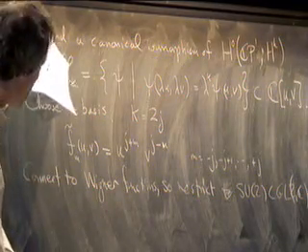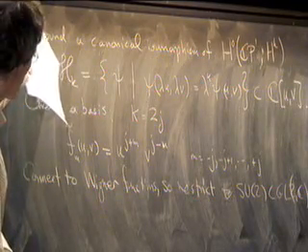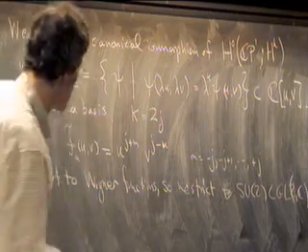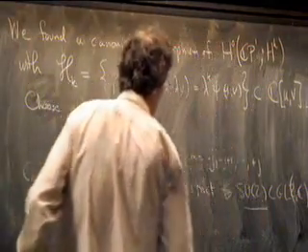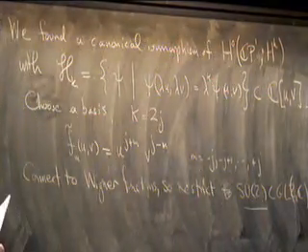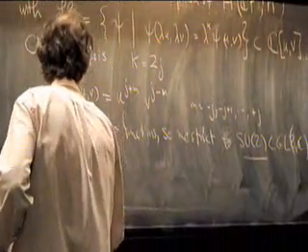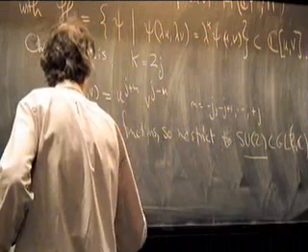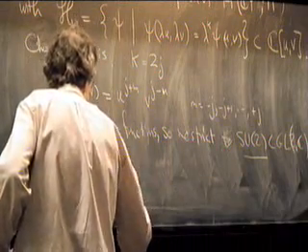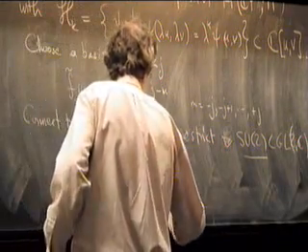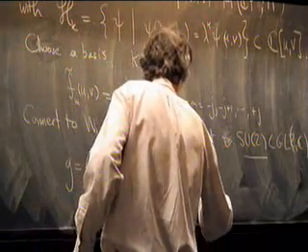I mean, this is a representation space for GL2C, but it's still an irreducible representation when we restrict to SU2. So now g is going to be of the form alpha, beta, minus beta bar, alpha bar, with alpha squared plus beta squared equals 1. That's SU2.